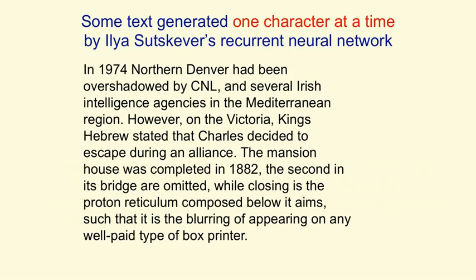And notice that within a sentence, it has some thematic sense. So the phrase, several Irish intelligence agencies in the Mediterranean region, has problems, but it's almost good English. Notice also the thing it says at the end, such that it is the blurring of appearing on any well-paid type of box printer. There's a certain sort of thematic thing there about appearance and printing, and the syntax is pretty good. And remember, that's one character at a time.